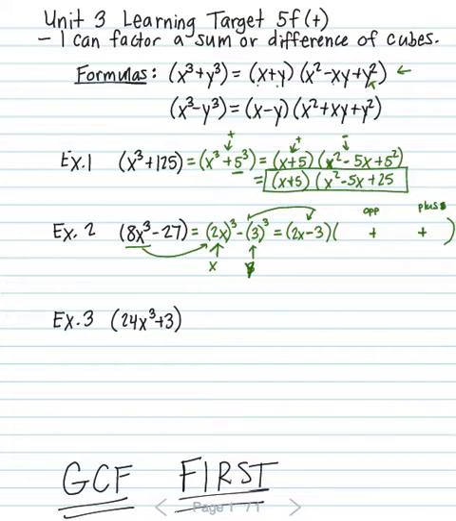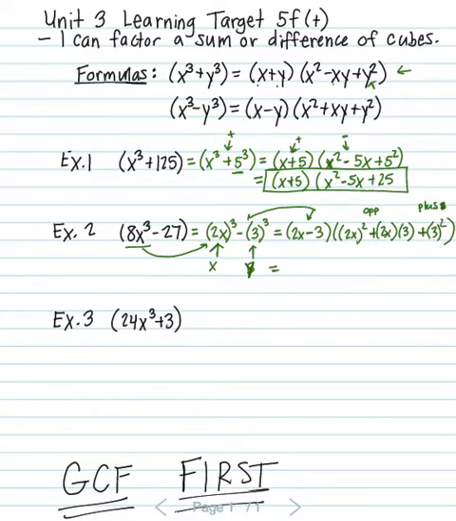Then the next part of our formula says x squared. So that's just the first thing you have down squared. Then it says xy, so multiply the two things. We've got 2x, and we want to multiply it by 3. The last part says y squared, so that's just your second thing squared. In this case it's 3 squared.